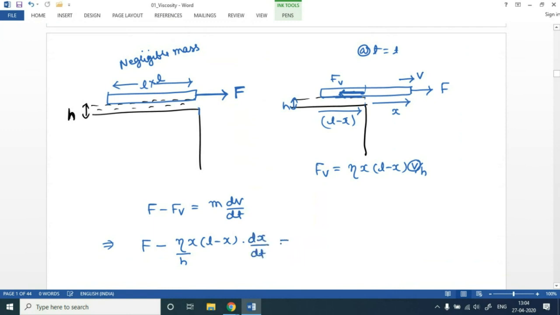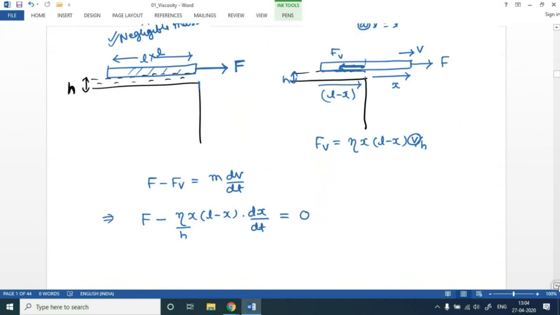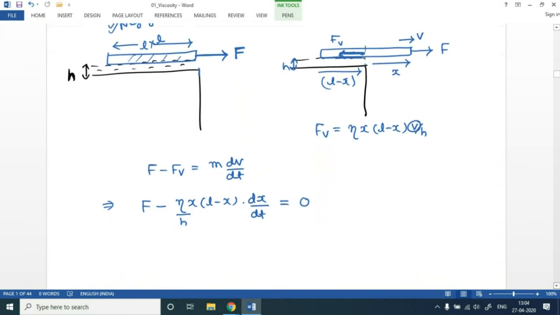On the right hand side, since I have already said that this metal plate is of negligible mass, the right hand side would be approximately equal to 0. So as you can see, we have got a differential equation in x and t.